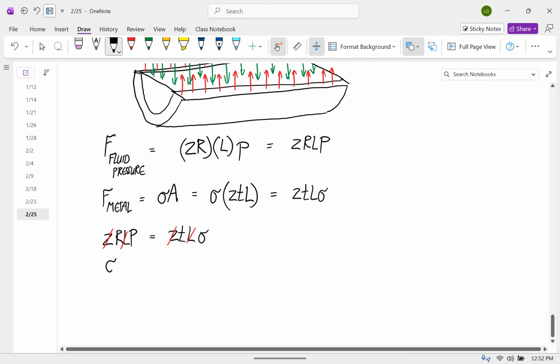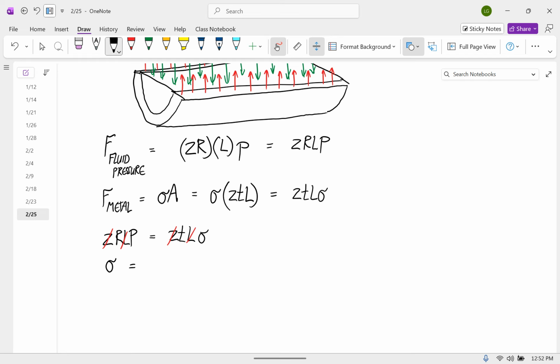And we get that the stress in the material is equal to PR over T. Okay, so that is twice as big as the spherical stress.